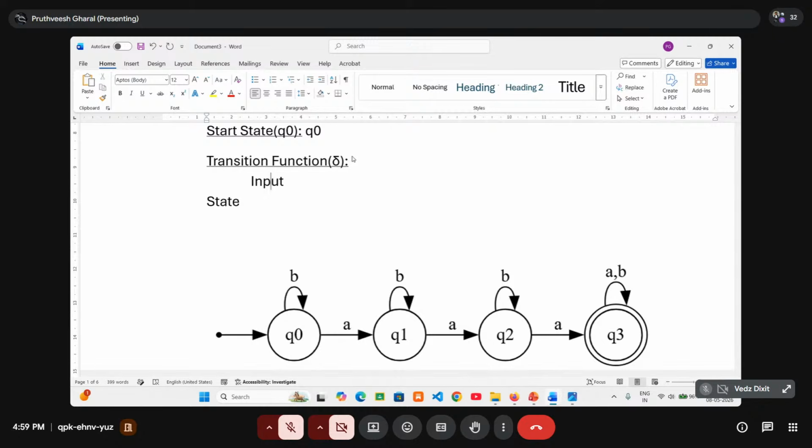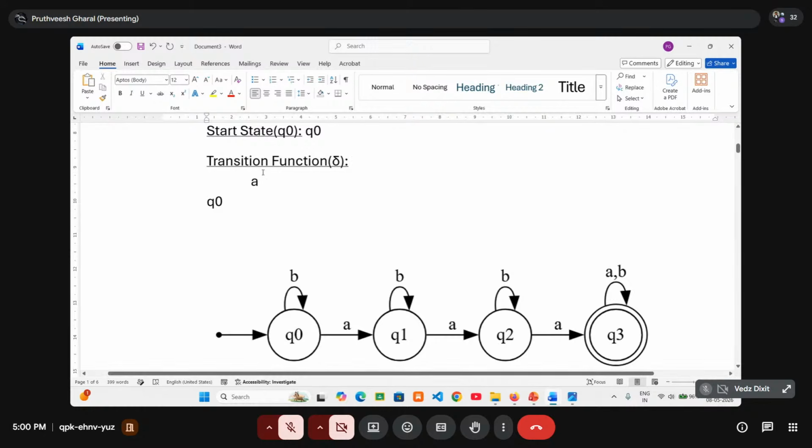So we'll write states as a column, and we'll write the inputs of the DFA as a row. Q0 is one state, and we are arranging the inputs and the states. The transition table is going to be in matrix format.